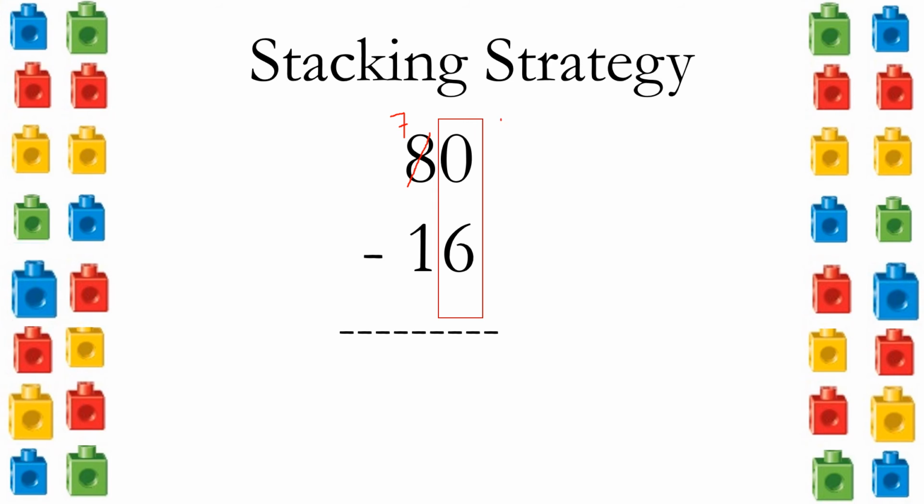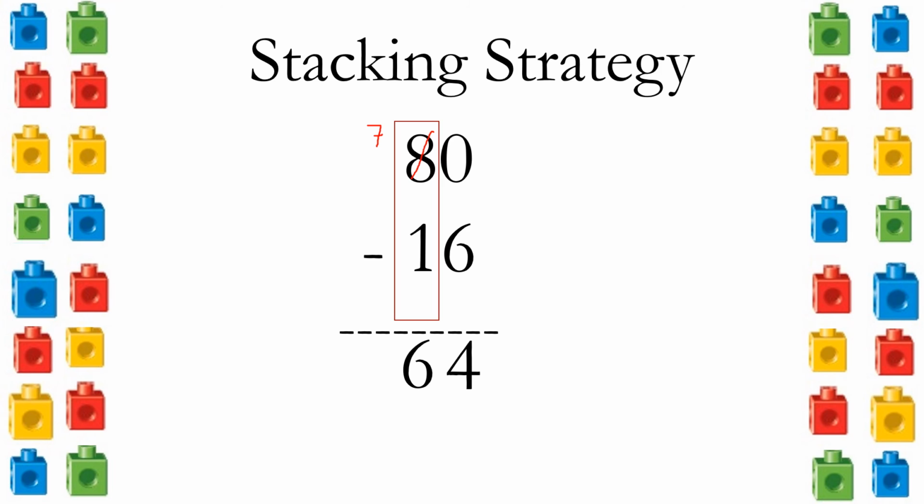And we're going to add 10 to the 0. And now we subtract 10 minus 6 equals 4. And then for the other side, what's 7 minus 1? 7 minus 1 is 6. The answer is 64.